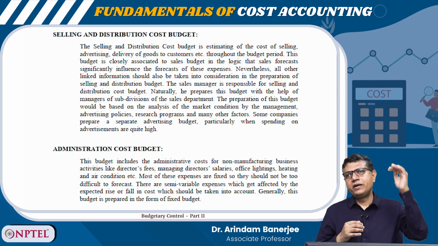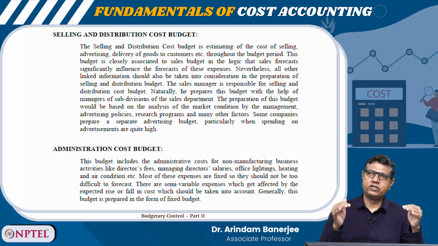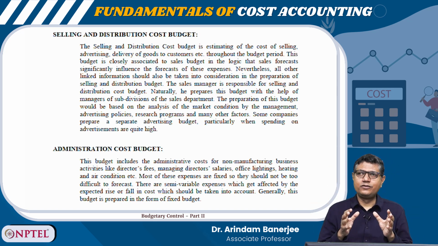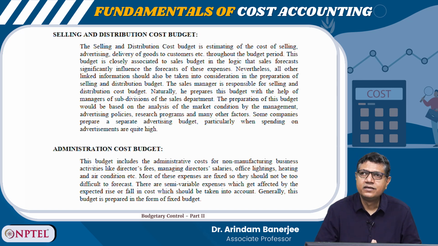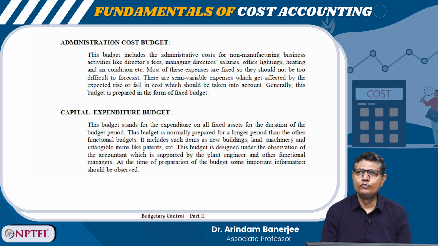Now, you prepared the sales budget, you prepared the production budget. Under the production budget, you prepared the material budget, labor budget, overhead budget. Then you prepared the selling and distribution cost budget. Then to run all these things, you prepared the administrative cost budget. And then you found that you are under capacity. So under capacity means you have two options.